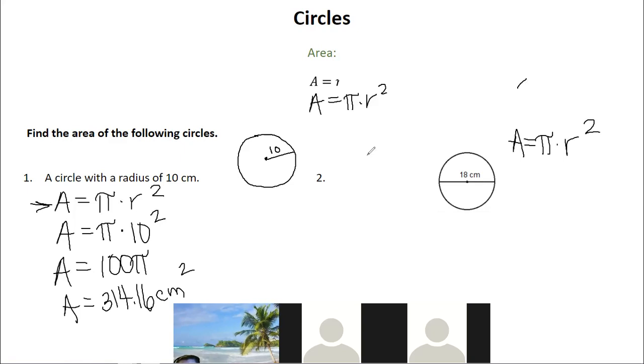Do I have a radius in number 2? Yes, I do. Yeah, it would be 5. If the diameter is 10, half of that would be my radius, which is 5. So I'm going to square that. So we get 25 pi.